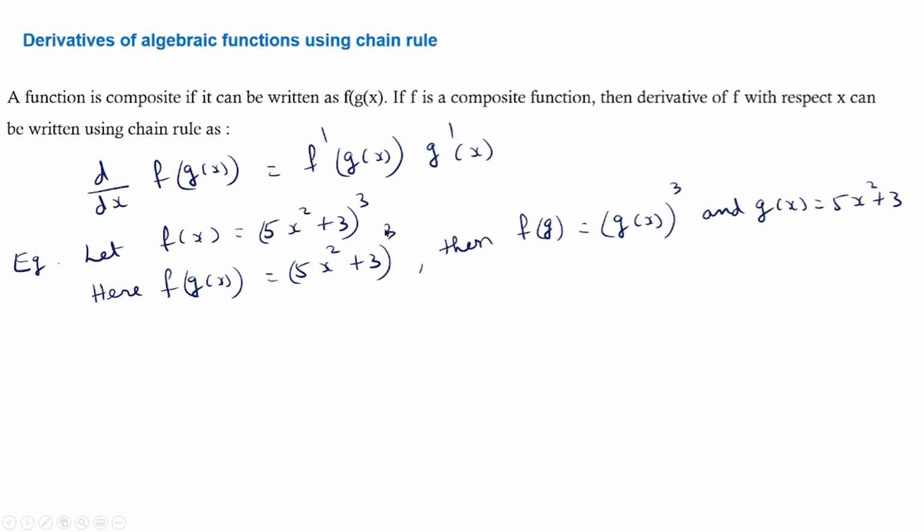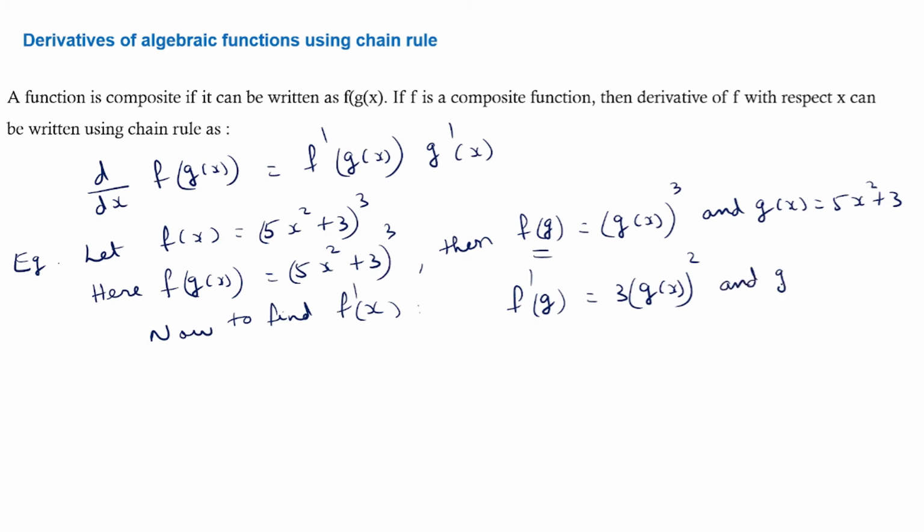Now if we want to find the derivative of this function, we need to find f dash of x. So from here we have f dash of g is 3 into g of x the whole square, and g dash of x is, using the property d by dx of x raised to n is n into x raised to n minus 1, where here n is this function g of x.